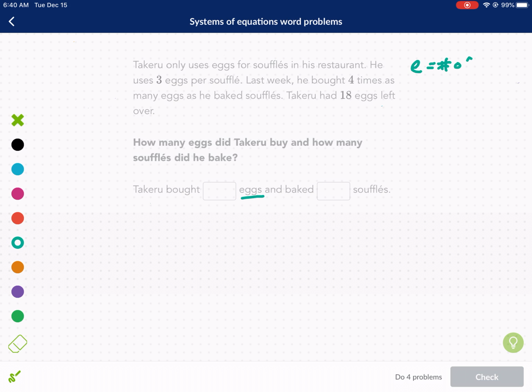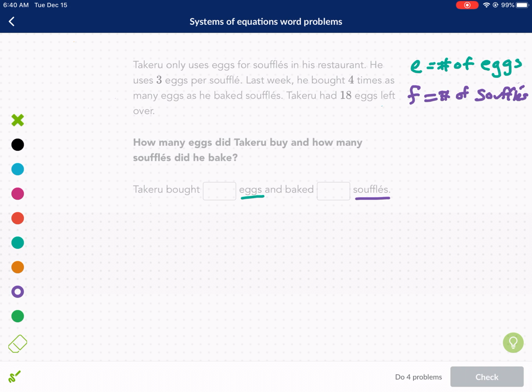We want to know how many eggs we bought. Number of eggs. The second variable that we're looking for is the number of souffles baked. Now, I don't like using S because it looks like a 5, so I'm going to make souffles with an F, and that's number of souffles.